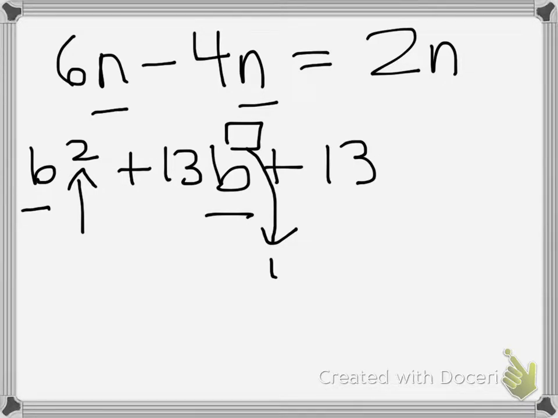So notice they have two different exponents. So we actually cannot combine the b squared with the 13b. And then we cannot combine either of those with the 13 without the variable because it does not have a variable. So this actually is considered already simplified.